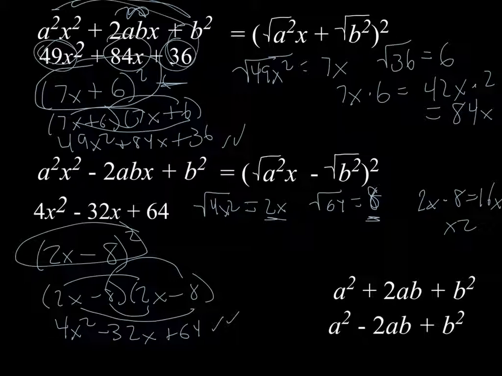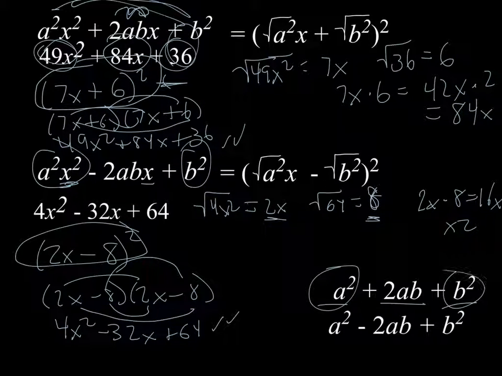Now, I know I've included these x squareds in here because most of the time when you look at polynomials, you're going to have an x squared and an x. But that's not absolutely necessarily true in a polynomial. So there are going to be times where you have to recognize that the entire first term and the entire last term need to be perfect squares, like this, a squared and b squared. And the middle is 2 times the square root of the first term times the square root of the last term.